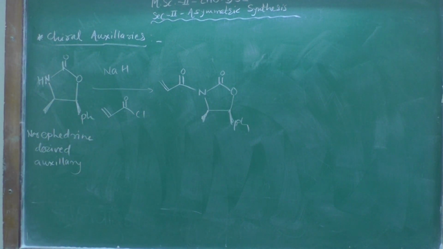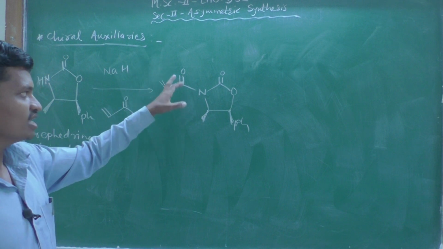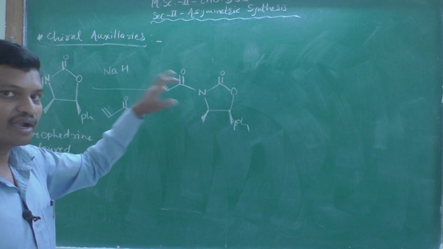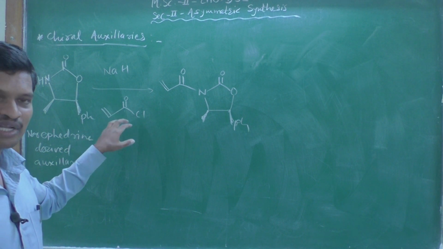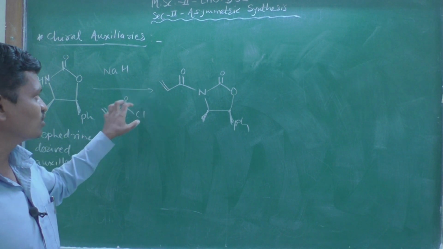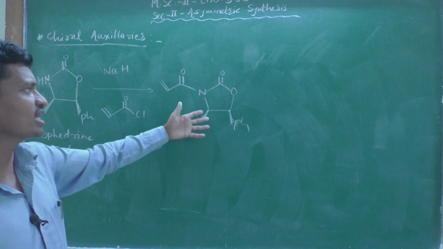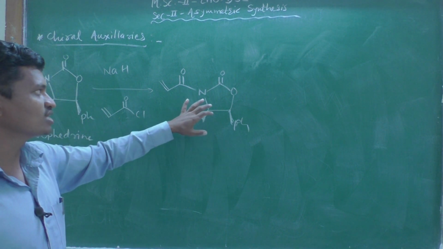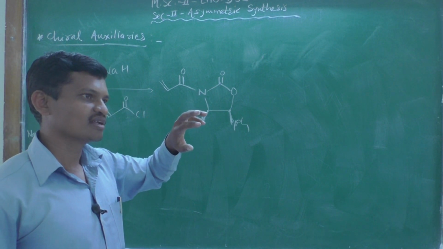Okay, here is another type of chiral auxiliary embedded into this dienophile. We have taken the same acryloyl chloride and reacted it with this chiral auxiliary, and we now get this. This chiral auxiliary has exactly the reverse orientation.